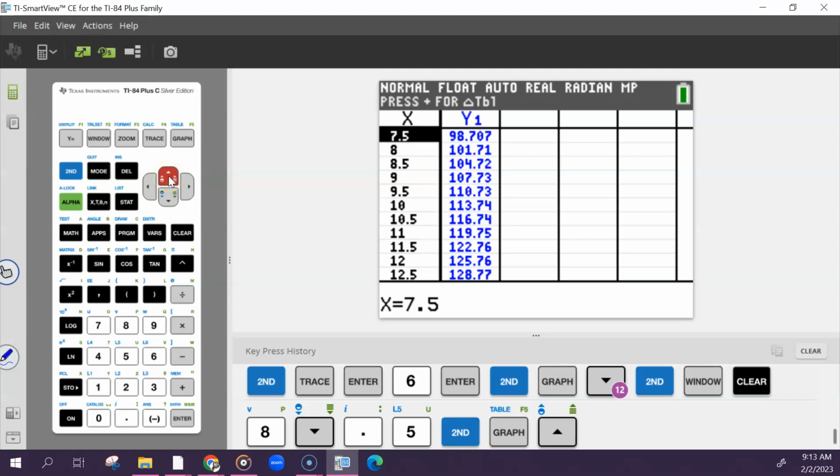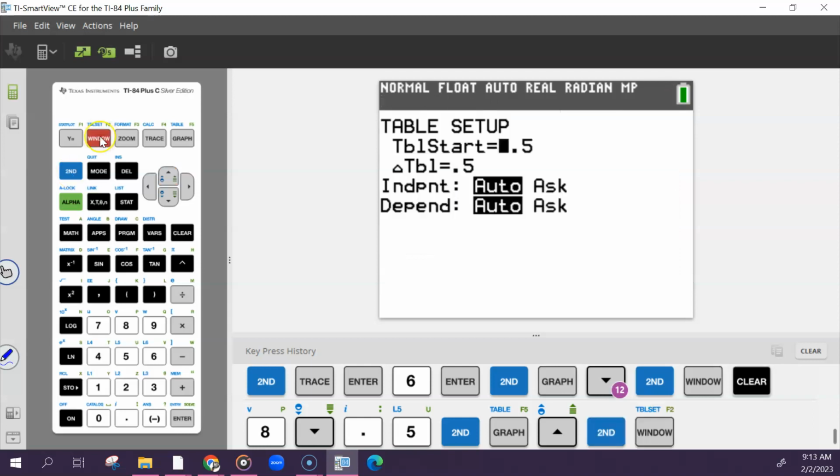And now I can see still at 8 it goes over 100. But in between 7.5 and 8 is really where it happens. So if I wanted to find even more specifically, I could change it again. Second window. Let's say I want to start this at 7.5, but maybe change this one to 0.1 instead.